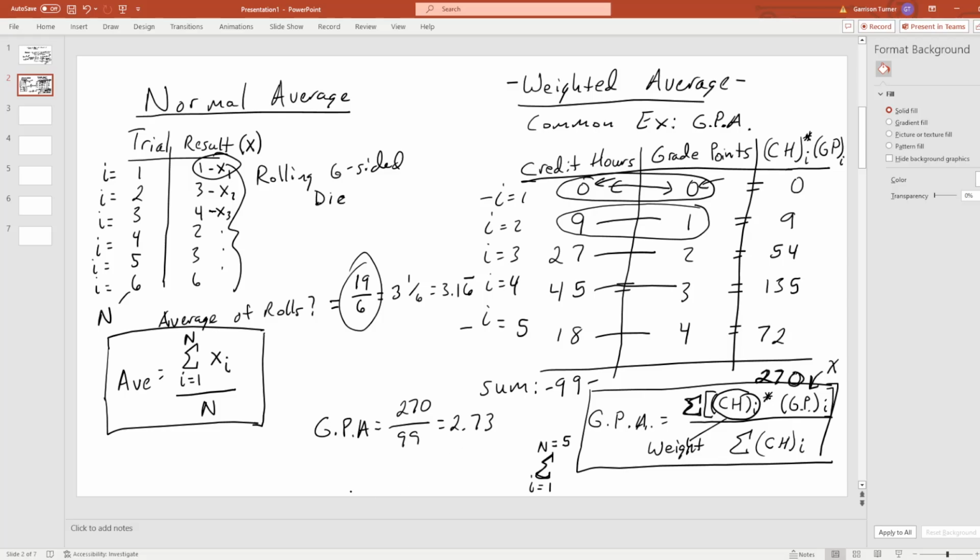So your weighted average is equal to the sum of the products of your weights times your measurements, whatever measurement you're making. In our case, it's grade points, divided by the sum of your weights. So this is the whole idea behind a weighted average.